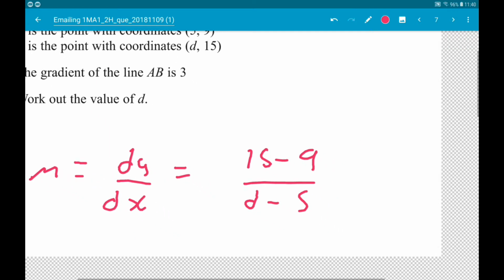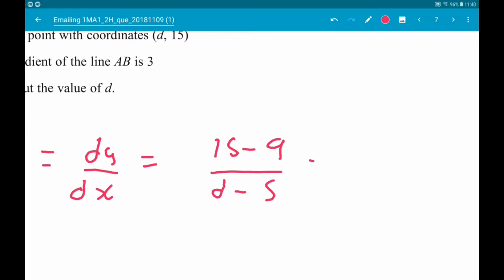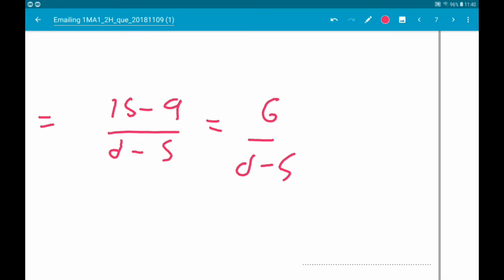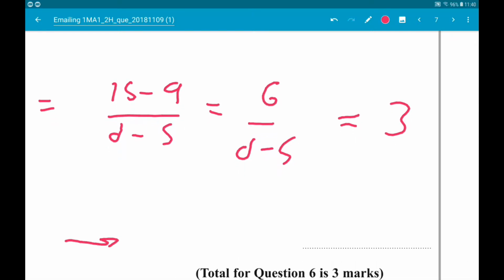So that is 6 over d minus 5. Now, we know then that has to be equal to 3. Now, 6 divided by 2 is 3, so this tells us d minus 5 has to equal 2. So, d is 7.